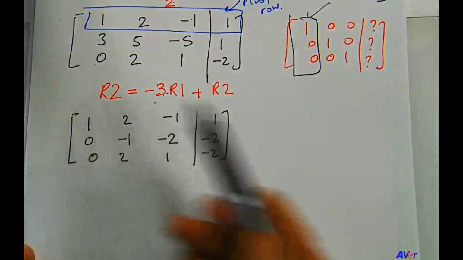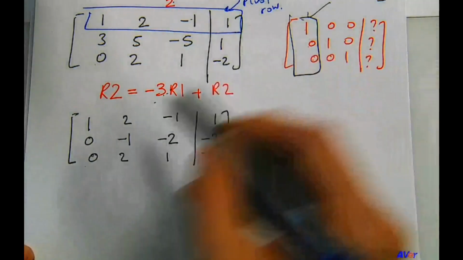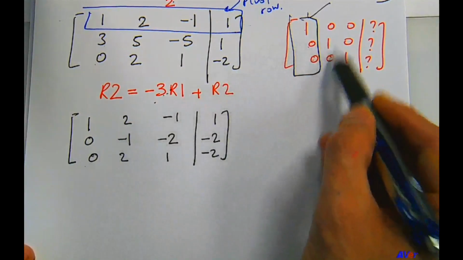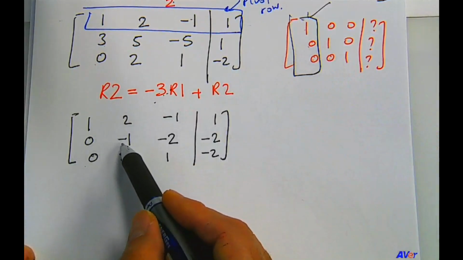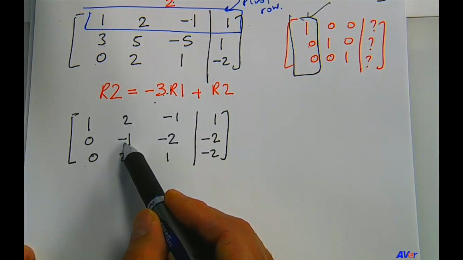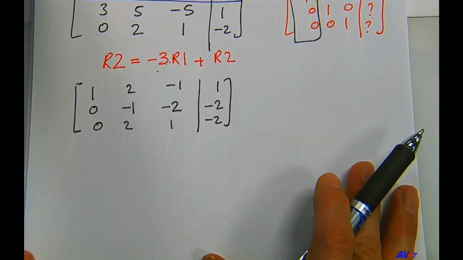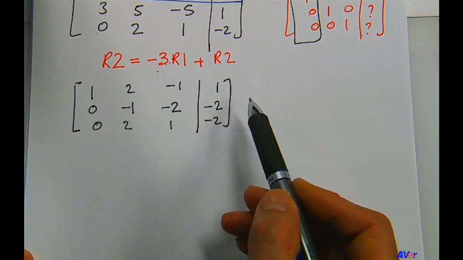So now we need to move to the second column. In each column, remember, we obtain the diagonal 1 first, then we worry about the zeros. Right now we have -1, but we want a 1 there. How are we going to obtain that? Very easily. We multiply the second row by -1.